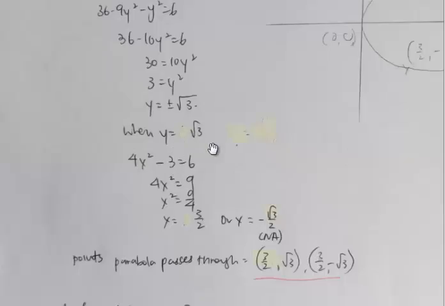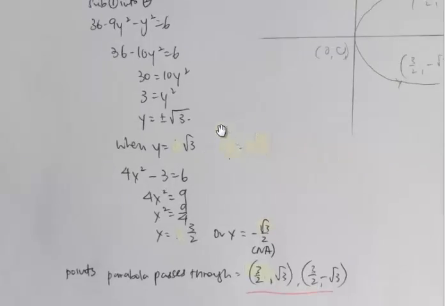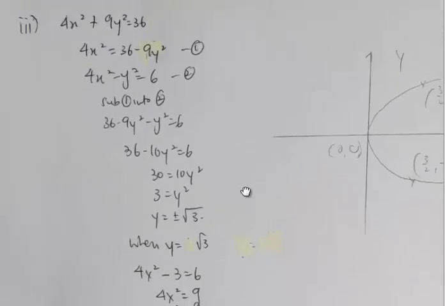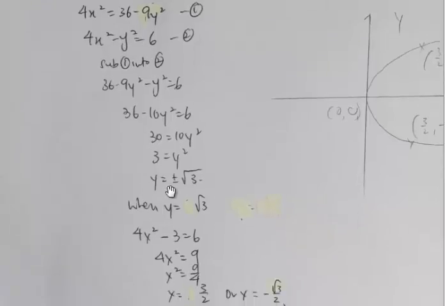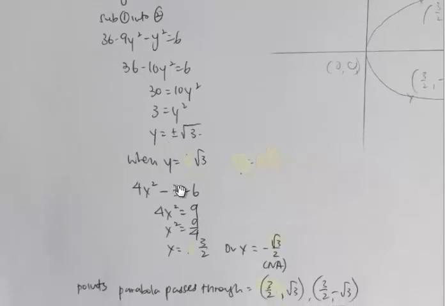To find the x coordinates, we substitute y equals square root of 3 into the second equation. So we get 4x squared minus 3 equals 6. 4x squared equals 9. x squared equals 9 over 4. So x equals 3 over 2 or negative 3 over 2.